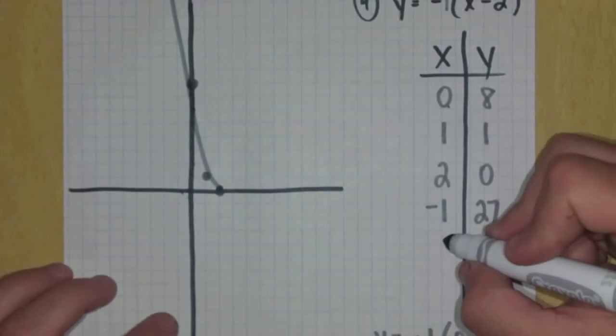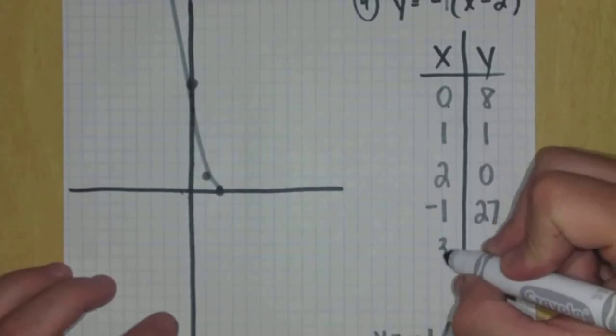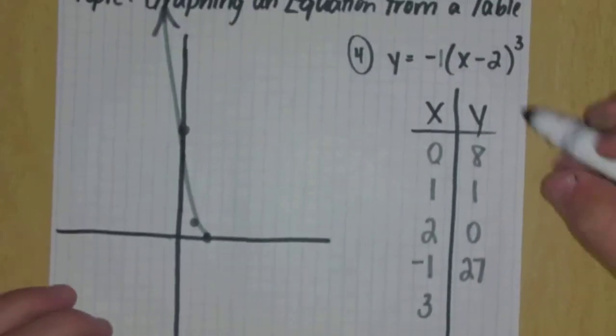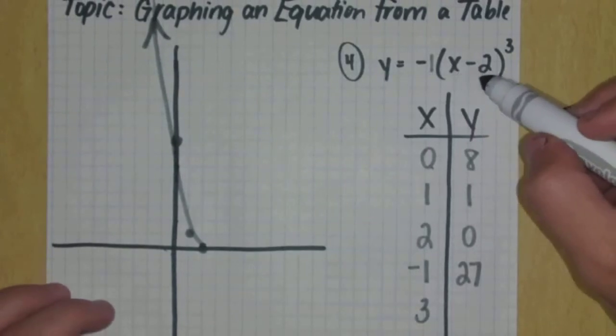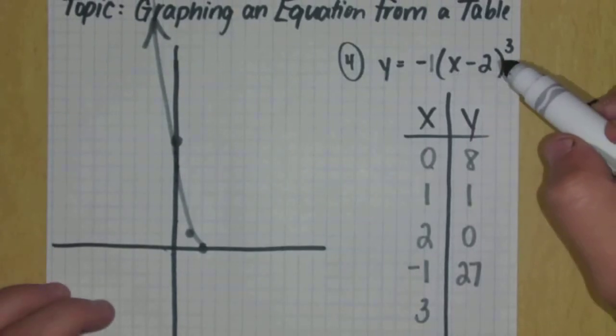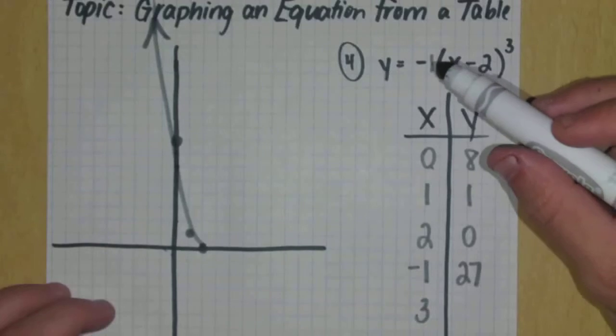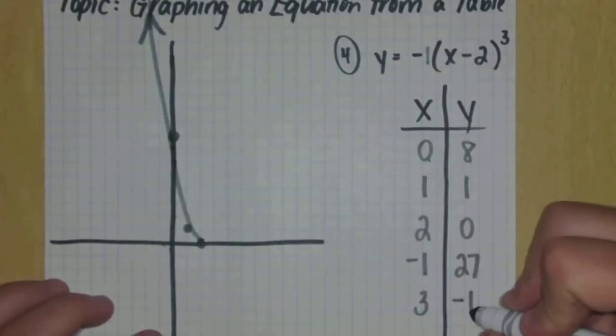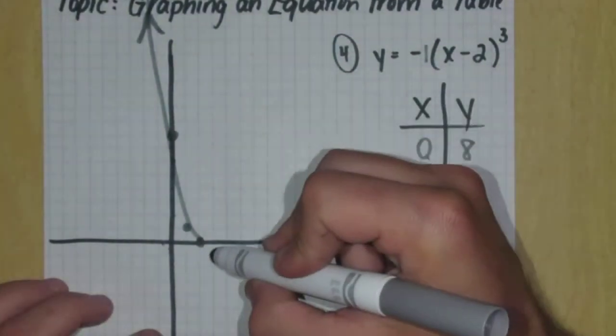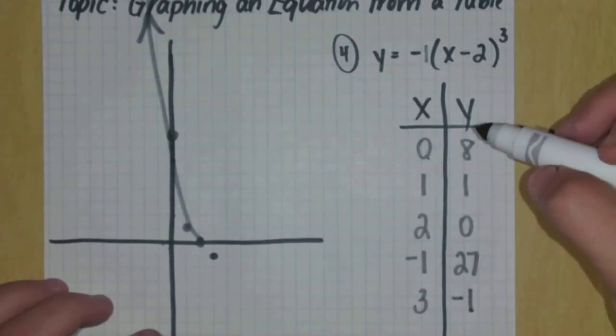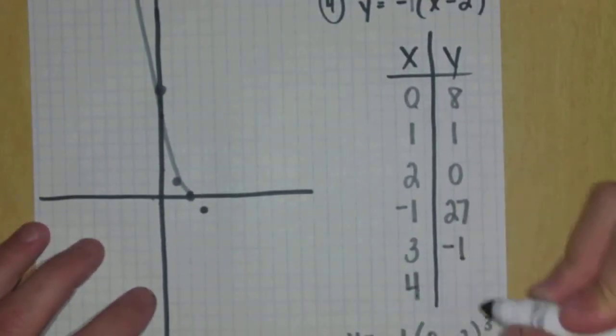Let's go ahead and plug in another number bigger than 2, so let's try 3. 3 in for x. 3 minus 2 is 1. 1 cubed is 1. 1 times negative 1 is a negative 1. So that means I have the point (3, -1). Look at that. One more for good measure. Let's plug in 4.